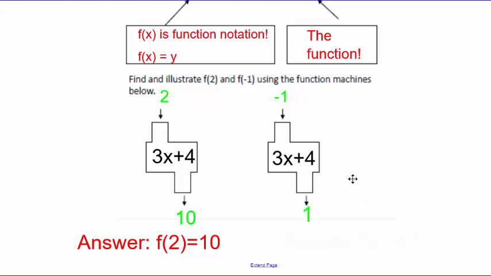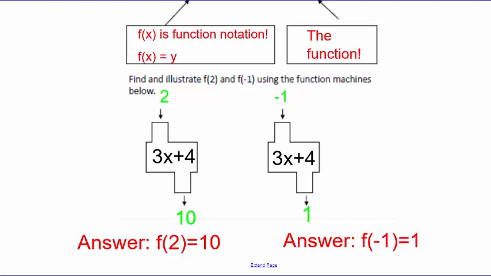So when you plug negative 1 in, you should get a positive 1. And then when we write our answer, we don't want to just say the answer is 1. What we want to do is we want to write out our answer as f of negative 1 equals 1. And this means if I look at the function f, I plug in a negative 1 and it gives me out a positive 1.